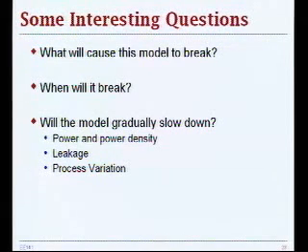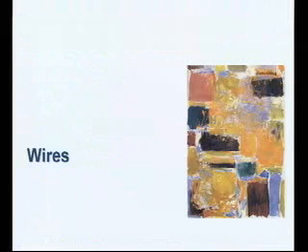And obviously the valid question is, will the model gradually slow down for power and power density purposes? The main problems are power leakage and process variation when you go to small feature sizes.